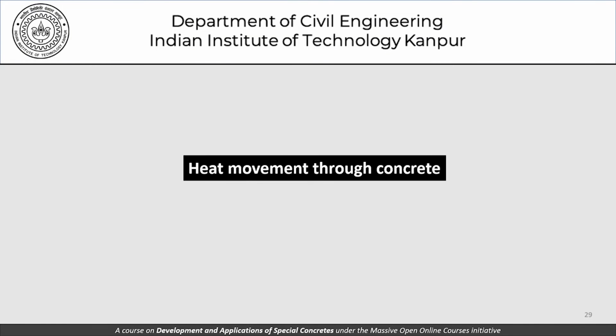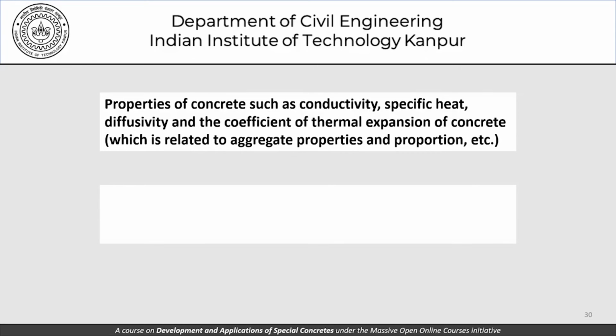Now let's come to heat movement through the concrete. Properties of concrete such as conductivity, specific heat, diffusivity and the coefficient of thermal expansion of concrete, which is related to the aggregate properties and proportions, come into play here when we are trying to determine the movement of heat through the concrete from the core, which has a high amount of heat being generated, temperatures are high, and the heat is being conducted away towards the surface from where it is being radiated into the atmosphere.